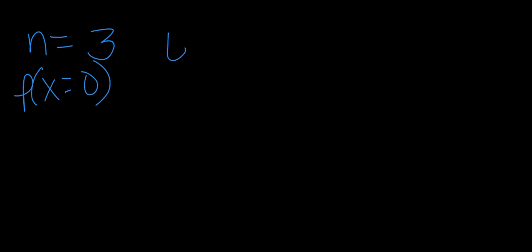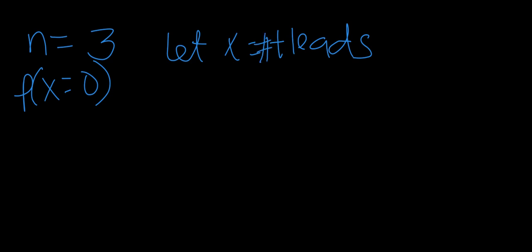Let's assume that we were to flip a coin 3 times, and we want to find the probability of these individual outcomes. Let's say, probability of getting the number of heads, of getting 0 heads.